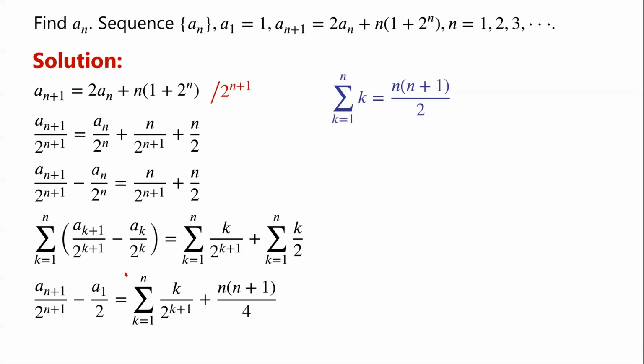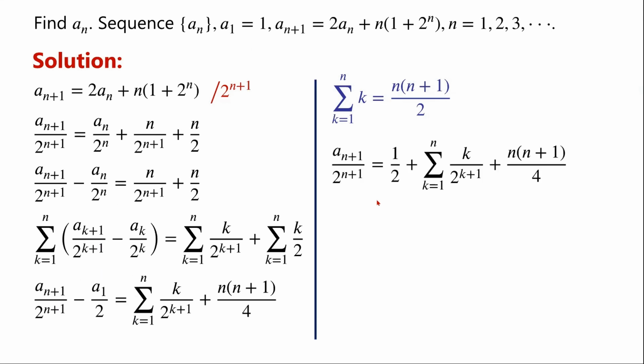Many terms on the left-hand side cancel, so we can now write a(n+1) over 2 to the power of n plus 1 minus a1 over 2. We're given that a1 equals 1, so minus a1 over 2 is minus a half. We move minus a half to the right-hand side.